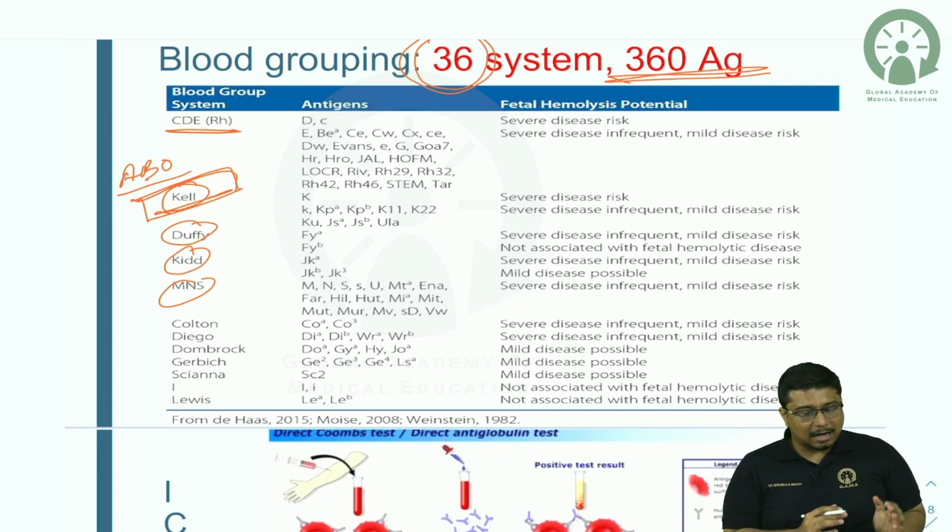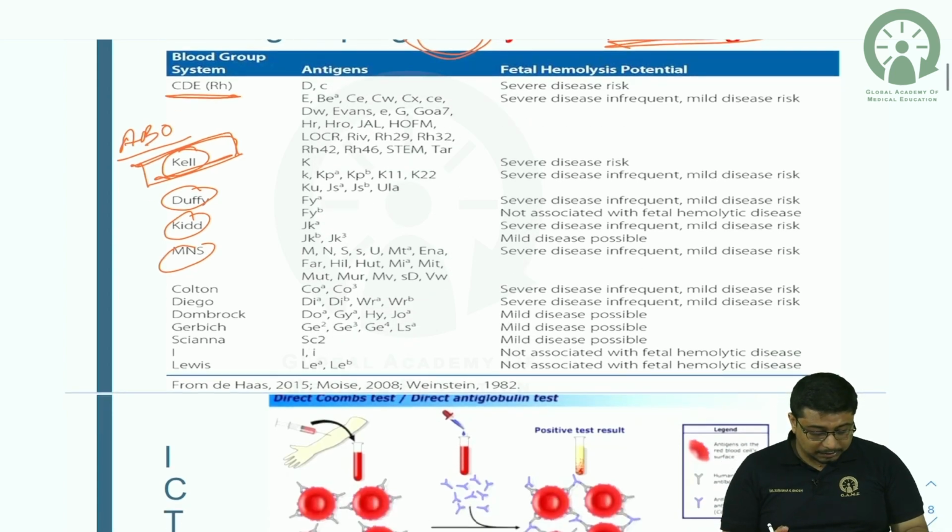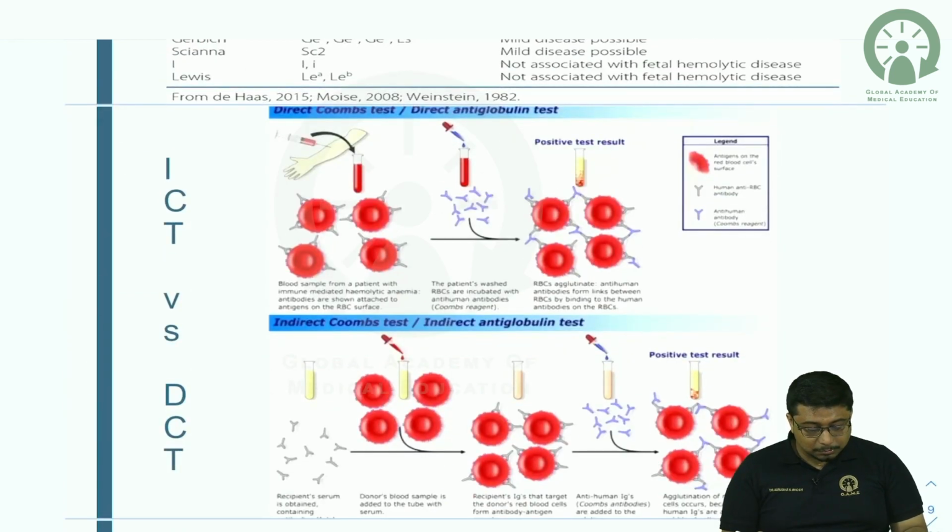On the other hand, with RH, if the mother is isoimmunized, if the mother develops immunity, the baby will be damaged based on the mother's immune titer. So that is the importance of KEL. Now this is ICT and DCT. I hope it has been discussed in pathology already. DCT is direct Coombs test, which is done from fetal blood.